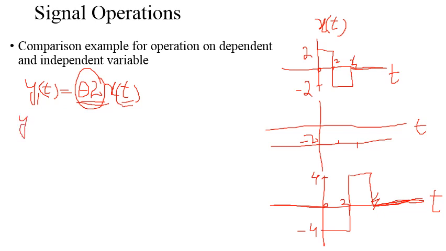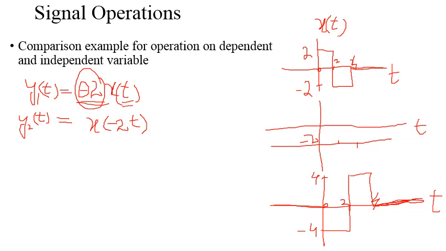We perform on the same signal, for example y of t, and this is equal to x of minus 2t, right? So what does that mean? That means we are doing nothing here, right?